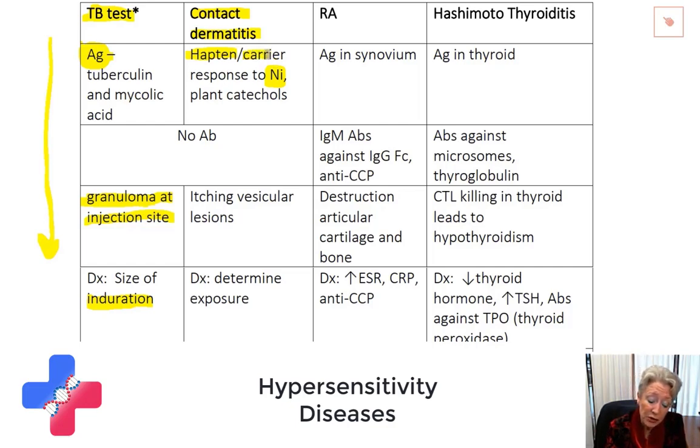And so the cells of my body end up being the carriers for the hapten, and I make an immune response against my own haptenated cells. So the effector cell in this case is going to be a cytotoxic cell that is called into the area to kill the altered cells. Okay?